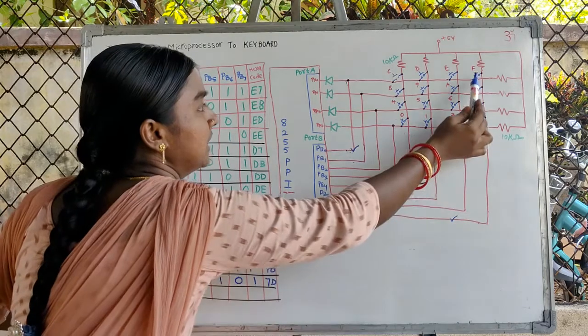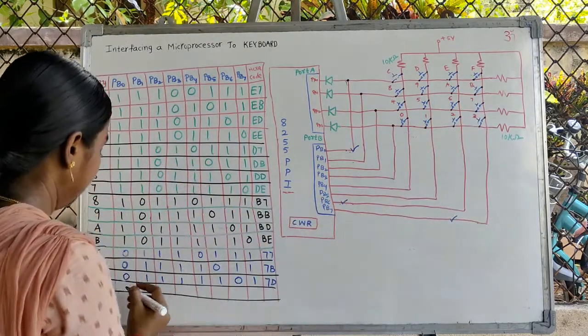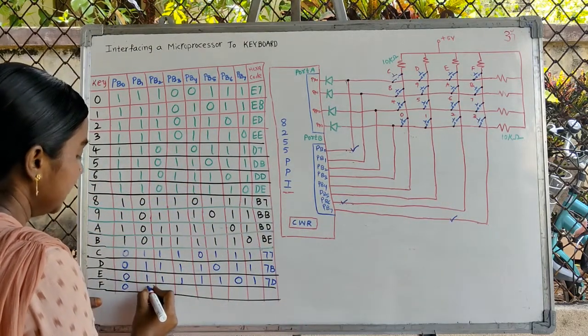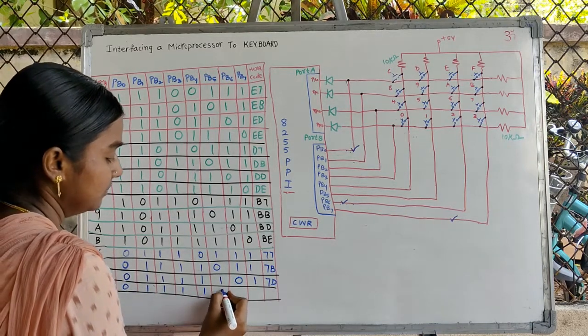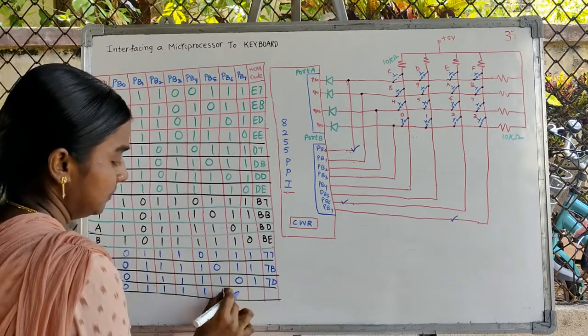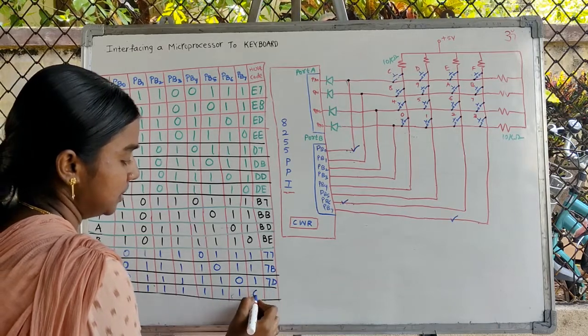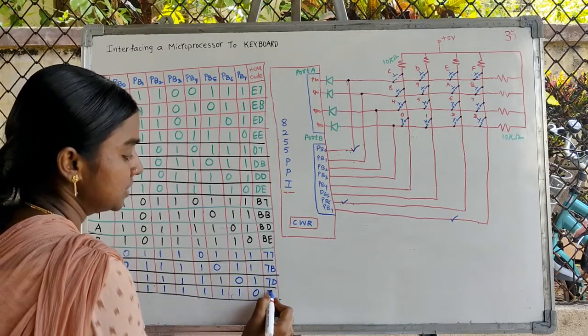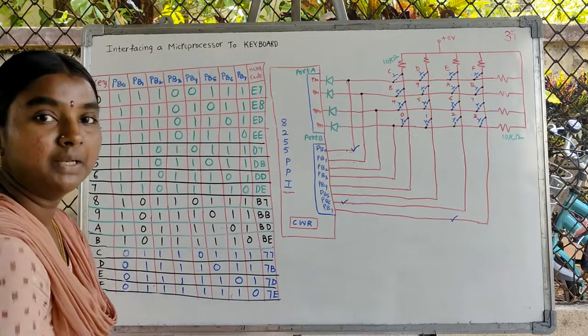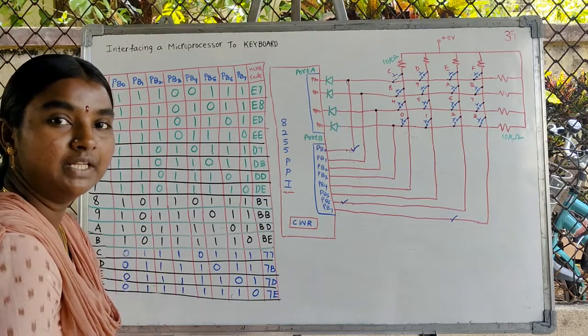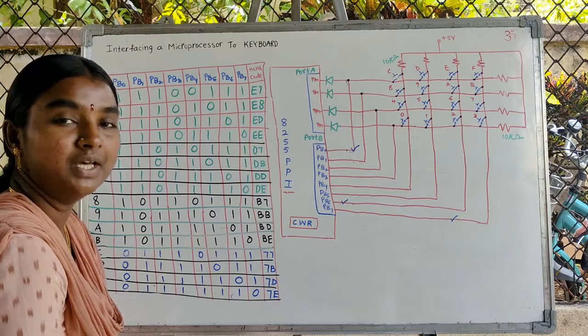So coming to the switch F, 0 is here, 1 here, 1 here, 1 here, 1, 1, 1 here, 0 here. The hexadecimal data is going to be 7 and E. This completes the explanation of interfacing a microprocessor to the keyboard.